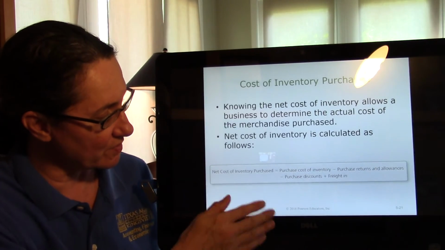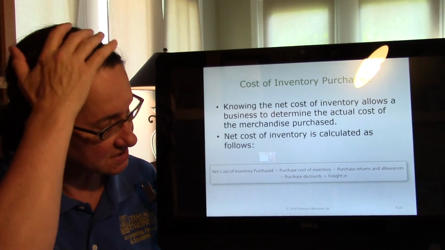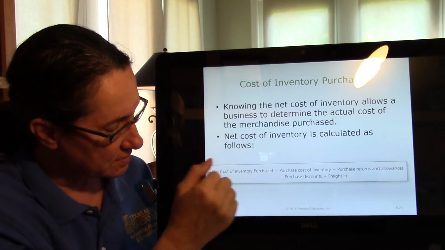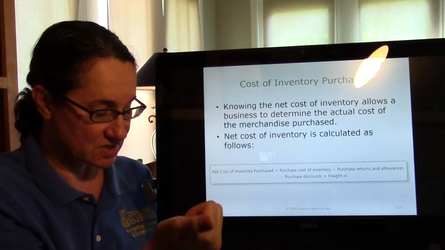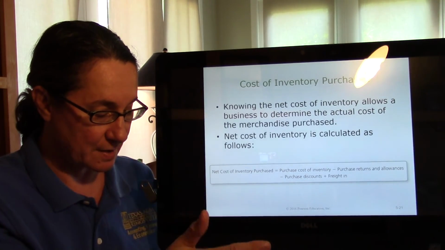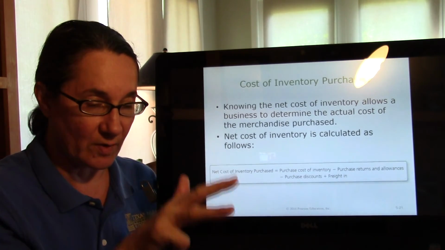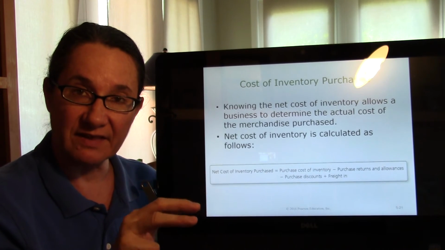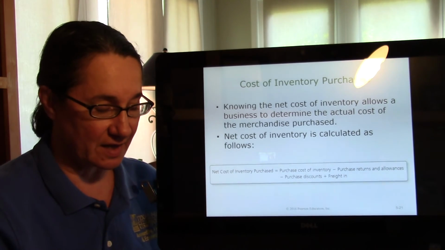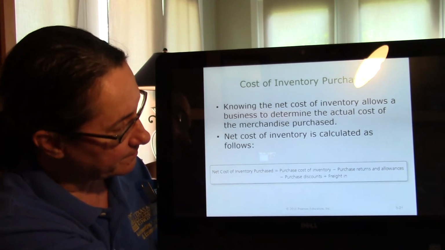So this is super important. Remember, we want to know the cost of that. So what we paid for that purchase cost minus returns minus discounts plus freight in, right? So what it actually costs you to get that stuff there, right, is what we're doing.